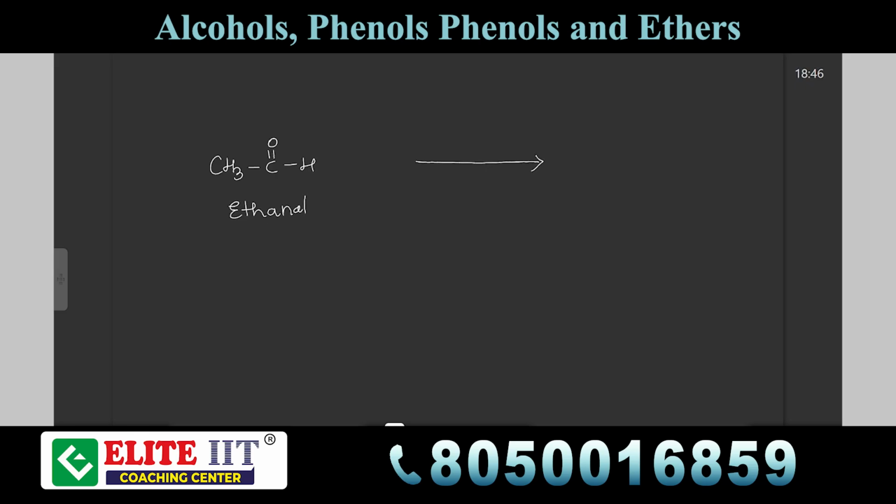So I'll use nickel as a catalyst. I can use either nickel, platinum or palladium, any one catalyst. It provides me hydrogen molecule. So I'll get CH3, CH2, OH, which we call ethanol.